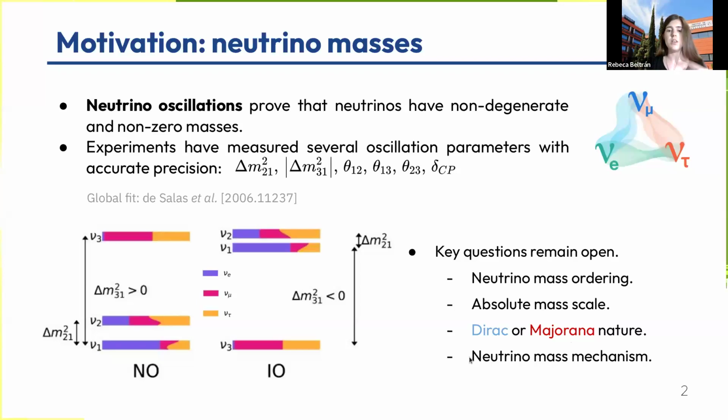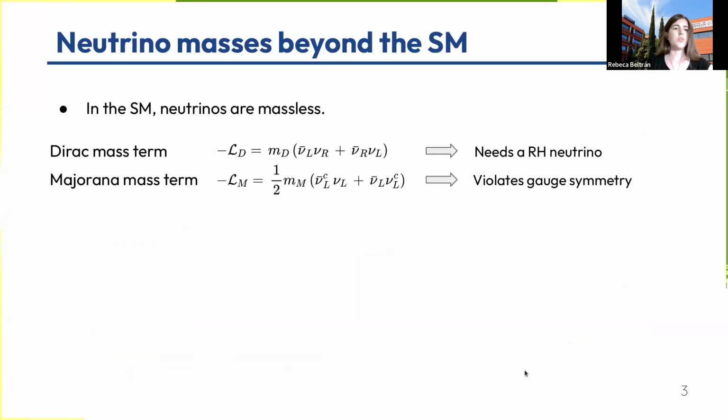So this has been a thoroughly studied subject in the literature, but just let me review one of them. Okay, so first, let's see that in the standard model, in its minimal form, we cannot accommodate neutrino masses, because for writing, for example, this Dirac mass term, one would need a right-handed neutrino, which is not present in the standard model.